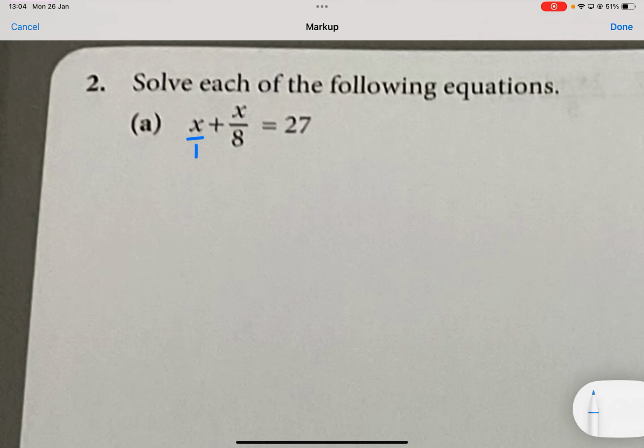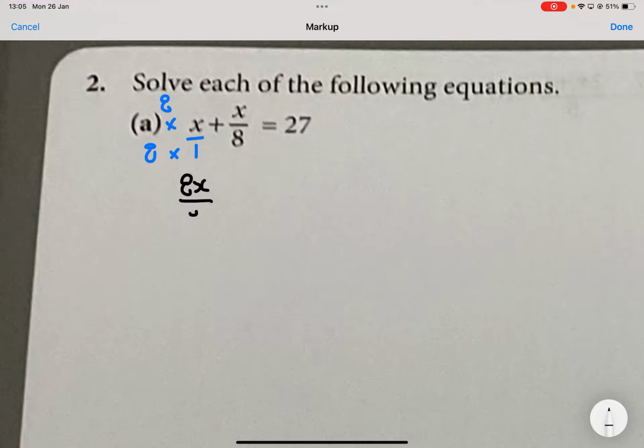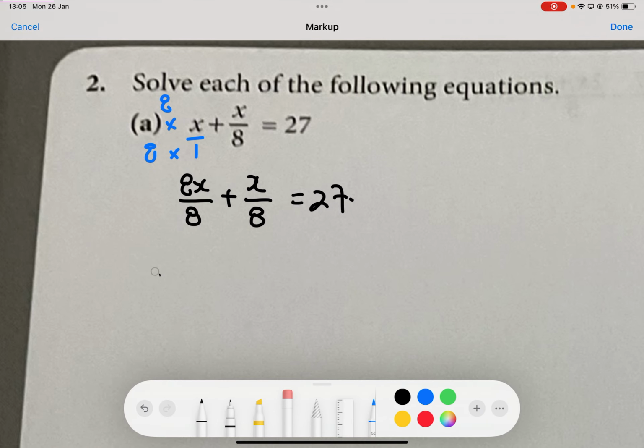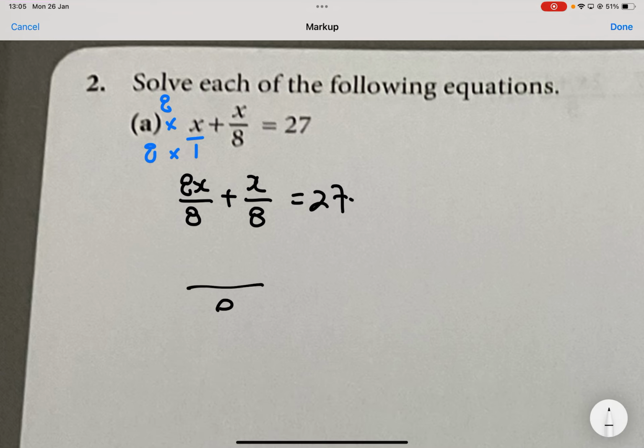Then after that, common denominator. Okay? Then you will be able to continue. Common denominator already. I am adding fractions. Adding fractions means common denominator, put my denominator together.